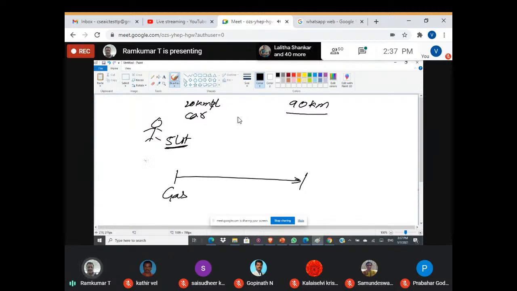Now, how are you paying for these 5 liters? You are paying in rupees. Suppose I take it as 100 rupees per liter, then you are going to pay 500 rupees. Sooner or later, maybe we are going to reach 100 rupees, so don't worry.